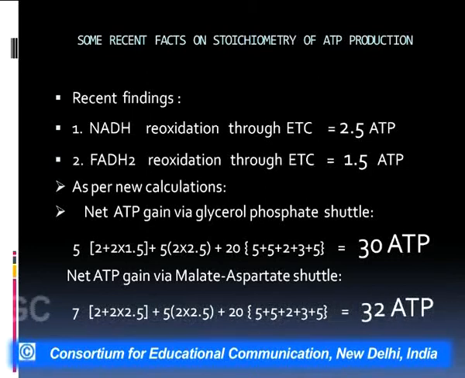So, now if we are talking in terms of glycerol phosphate shuttle, the net gain of ATP would be 30, and the net gain of ATP in malate aspartate shuttle would be 32. So, there are so many questions which have emerged out of this discussion as to the calculations of ATP have been reinvestigated, and now the story would be between 30 and 32.